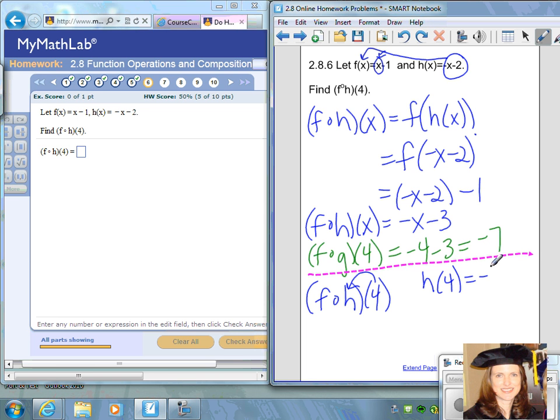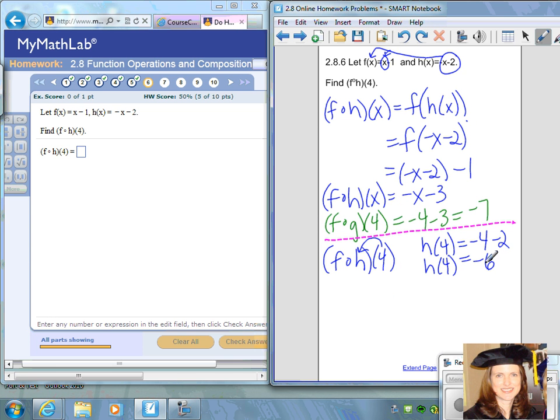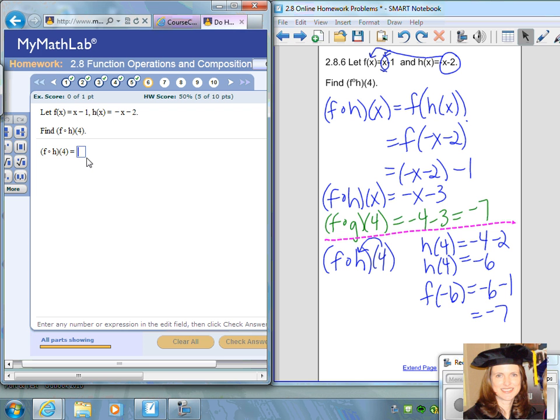That is negative 4 minus 2, and we get negative 6. And then whatever we get out of here, we're going to plug that answer into f. So find f of negative 6. Plug negative 6 into the f of x function for x and subtract and you get negative 7. So either way you do this, you can find the composition of functions.